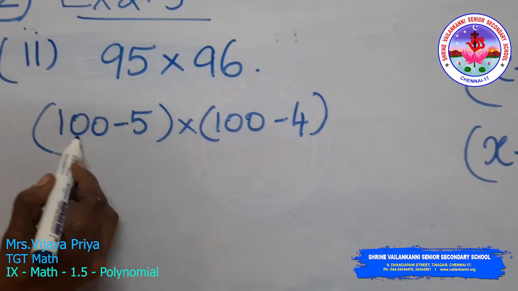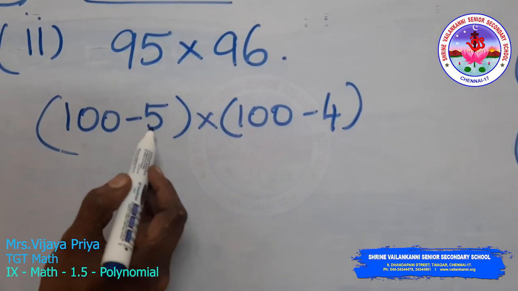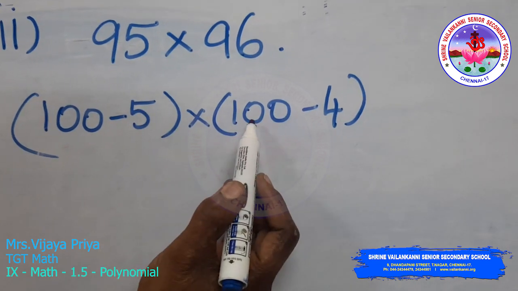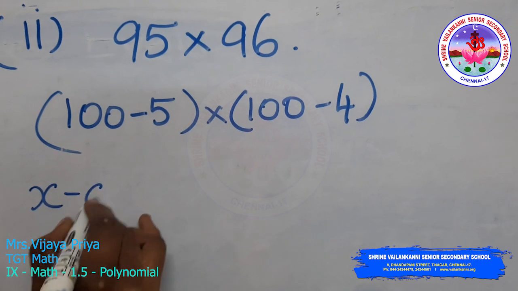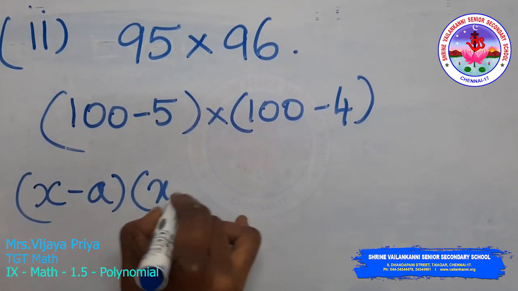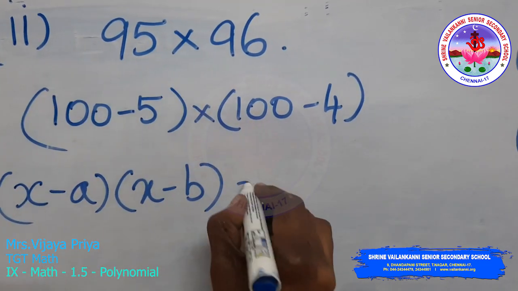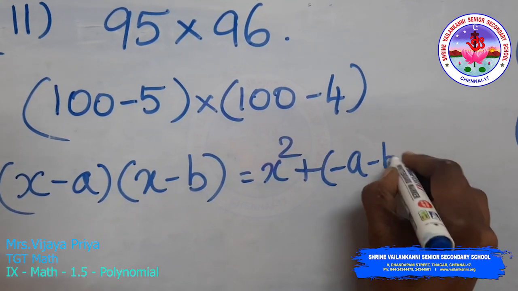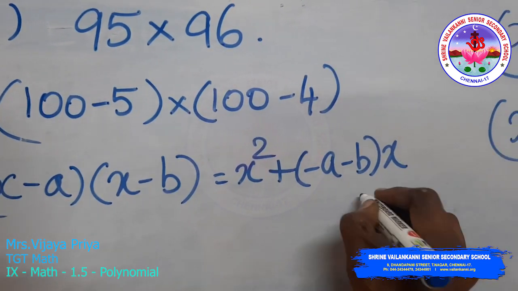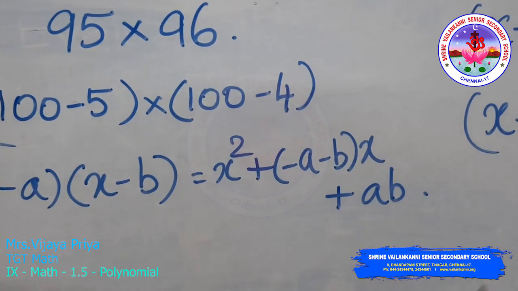Here my x is 100, a is 5, and b is 4. So my formula is (x − a)(x − b) is equal to x squared plus (−a − b)x plus ab.